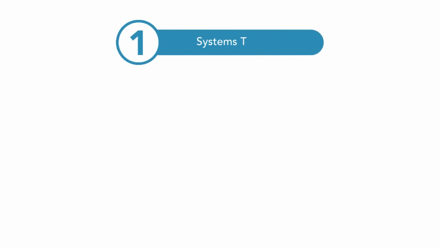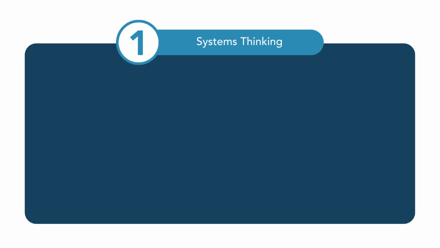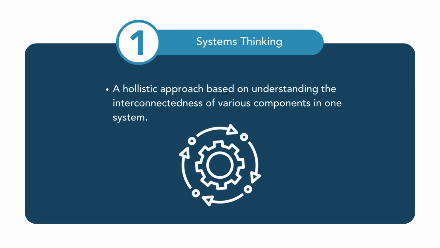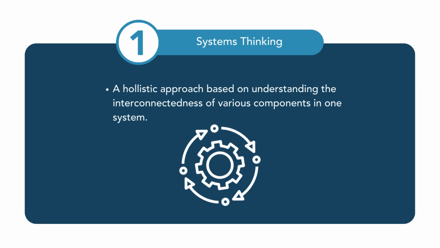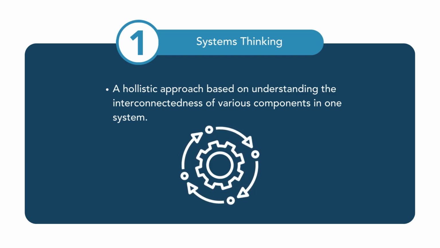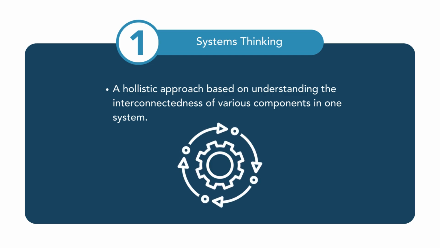The first framework that we can discuss is systems thinking. This is a holistic approach based on understanding the interconnectedness of various components in one system. Systems thinking focuses on understanding the interrelationships and interdependencies among various components within a complex system.